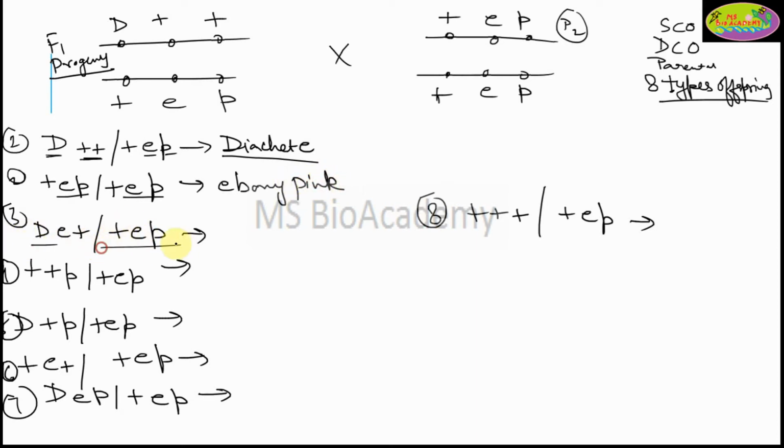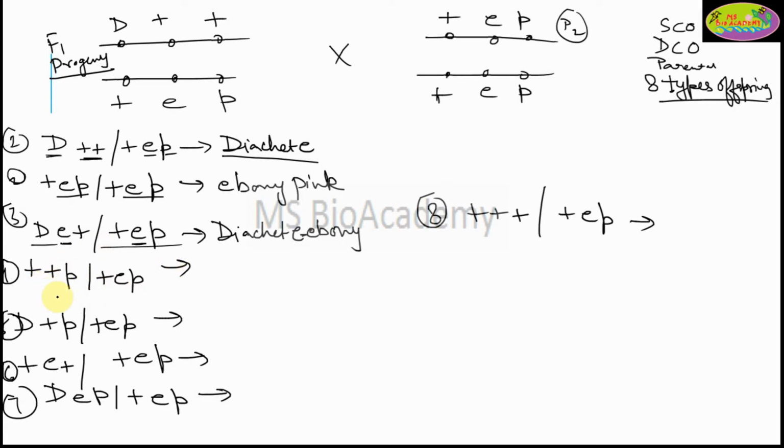Then for the offspring with this particular genotype, what will be the phenotype? D is present, so that means dicheat definitely. And since E is present as homozygous but P is not homozygous in both the pairs, only ebony will be expressed, right? So dicheat ebony only will be the phenotype of this particular one.